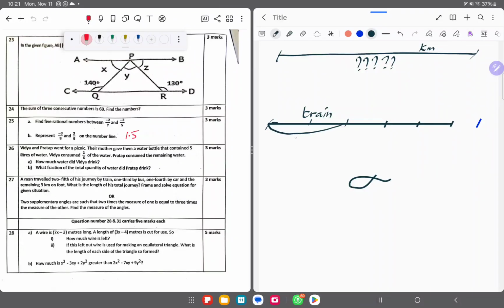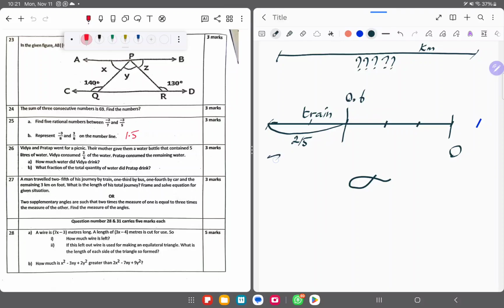These are 2/5 of the journey. Now this is 1 over 5, this is 1 over 5, this is 1 over 5, these are 3 over 5. 3 over 5 is how much? 0.6. If I consider this as my 0, this is 0.6.